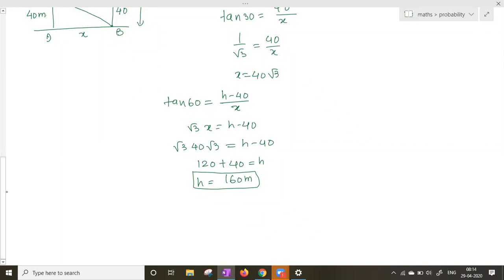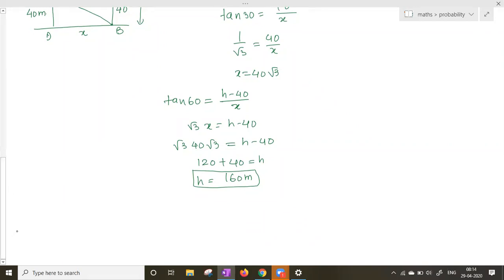On either side means on both sides, opposite sides of each other from the lighthouse. So what is the point of observation? This is the level. Lighthouse is here. Ships are on either side. This is one ship and this side is one ship.